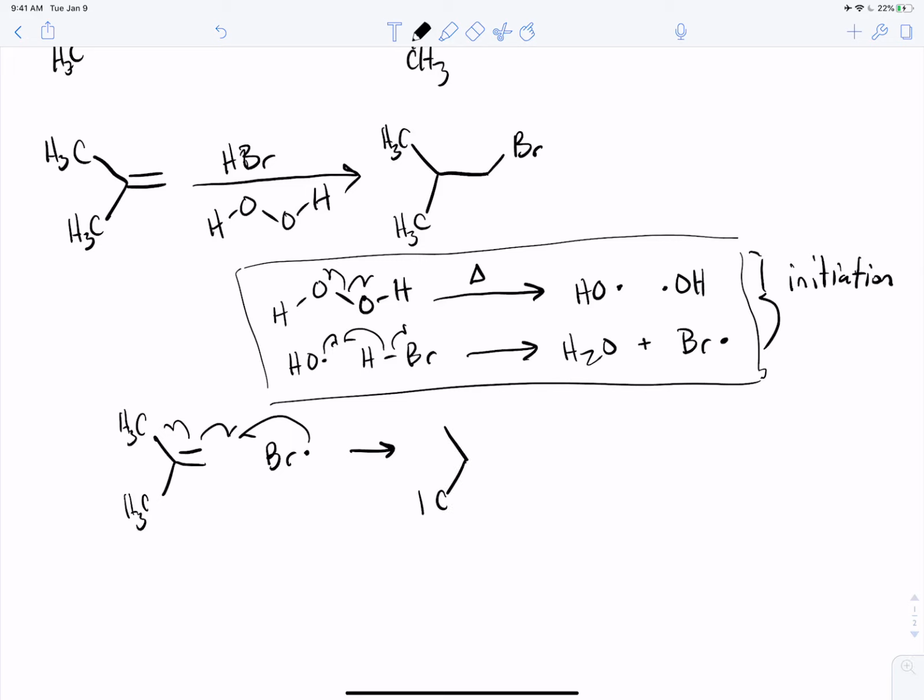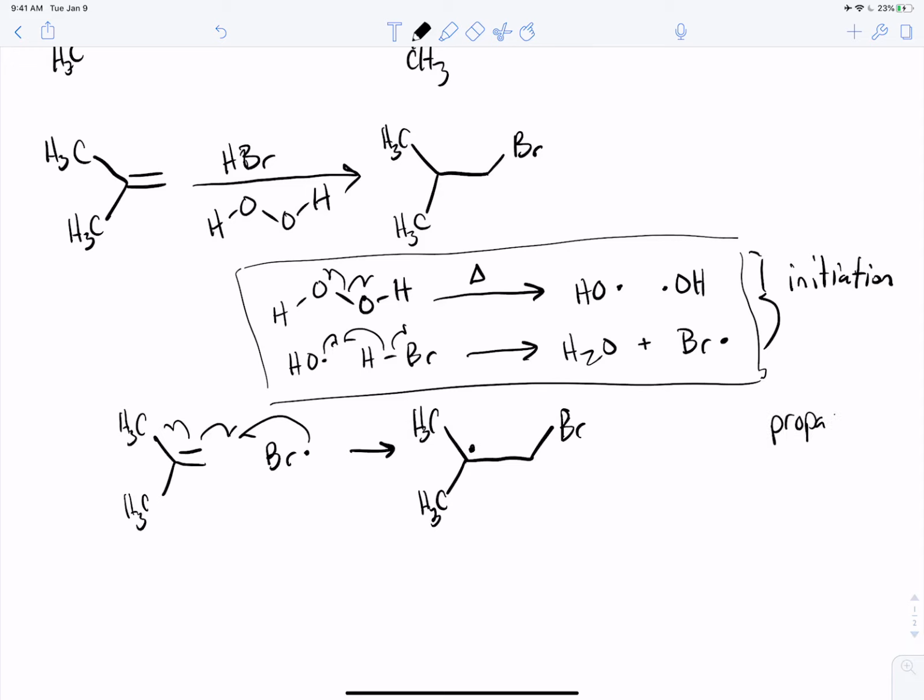In the first step, I form a radical, and that radical goes here, and the bromine goes there. So when you're looking at the HBr mechanism, I'm going to call this propagation.